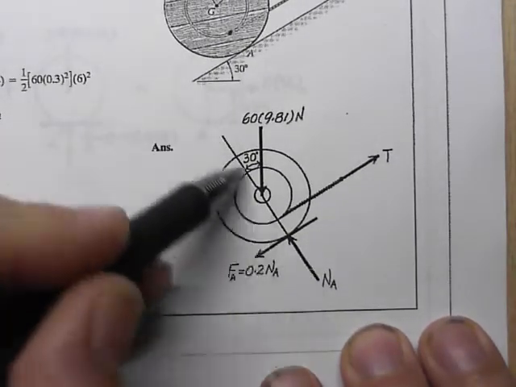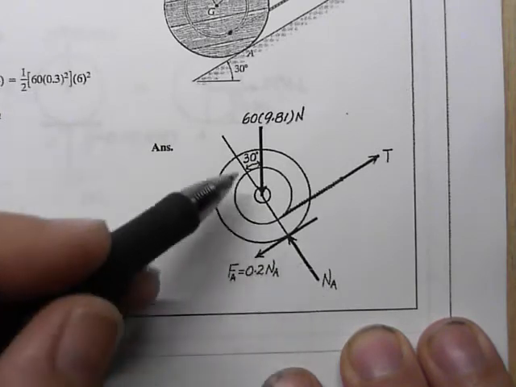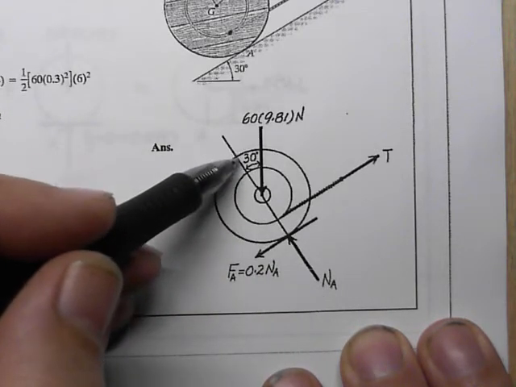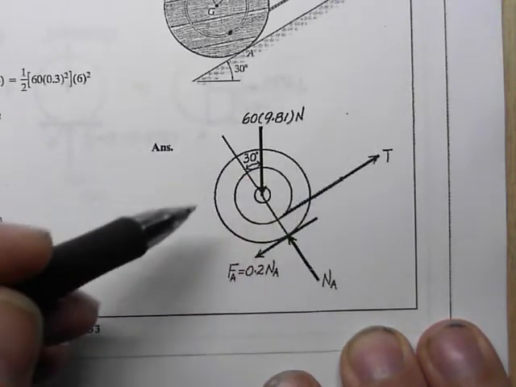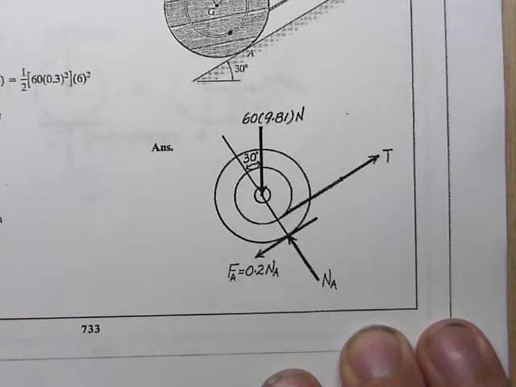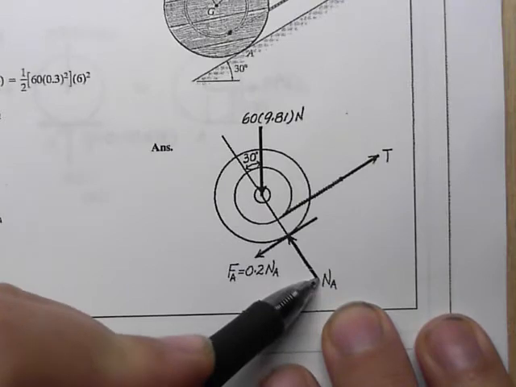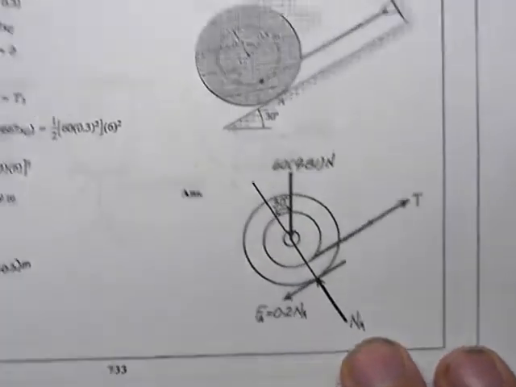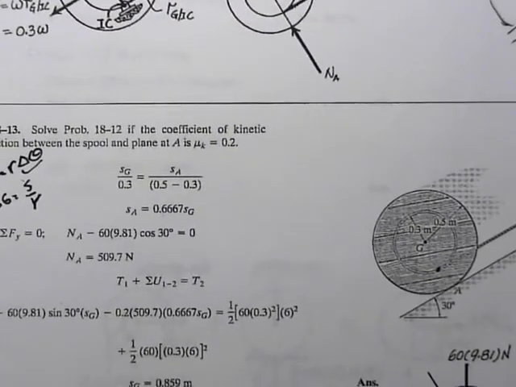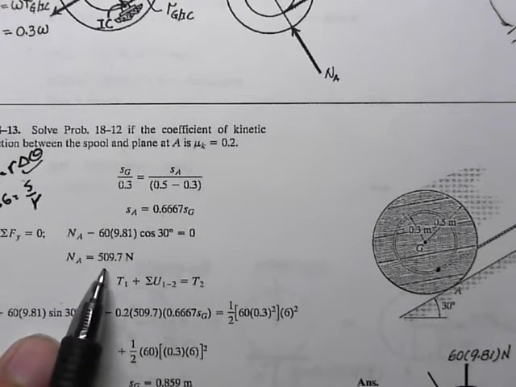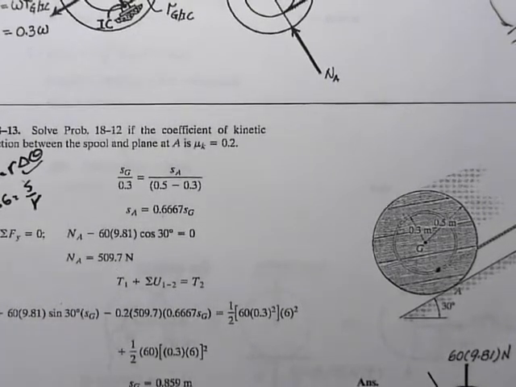Okay, we have the y direction, we have the normal force, we have a component of gravity, we have rope tension parallel to the hill, we have friction parallel to the hill, and so summing forces in the y direction, of course, is only the normal and the gravity piece. So we have the normal and the gravity piece, and we learned that the normal is equal to 509.7 newtons.